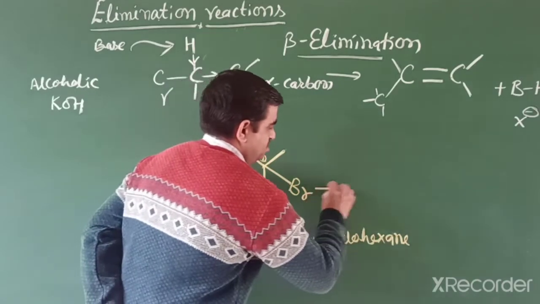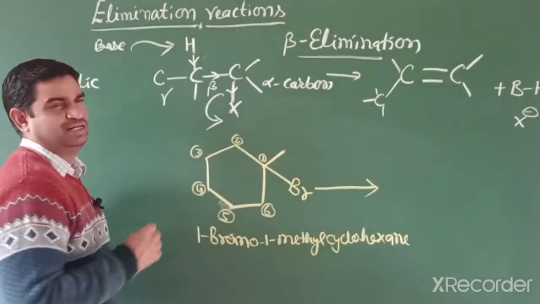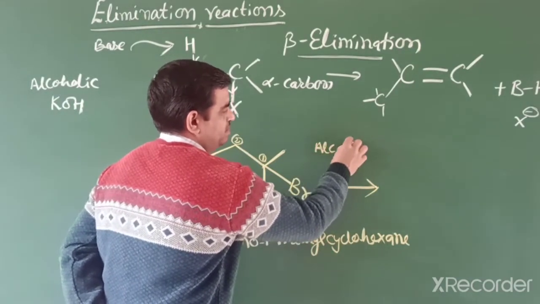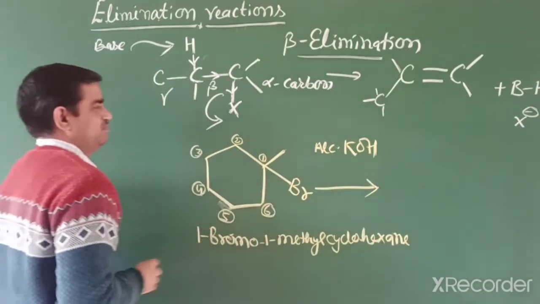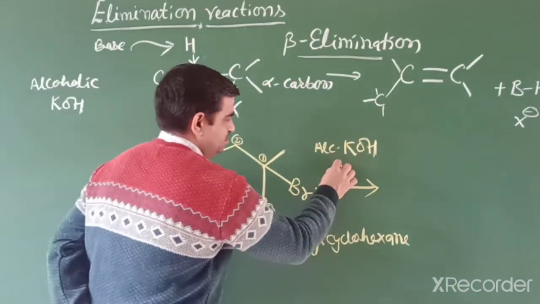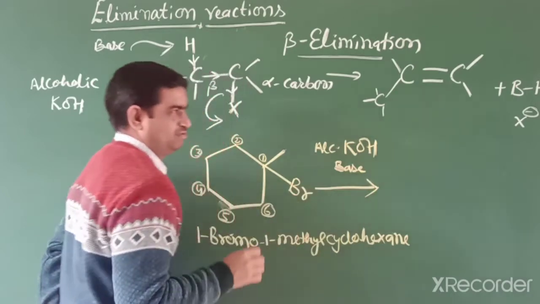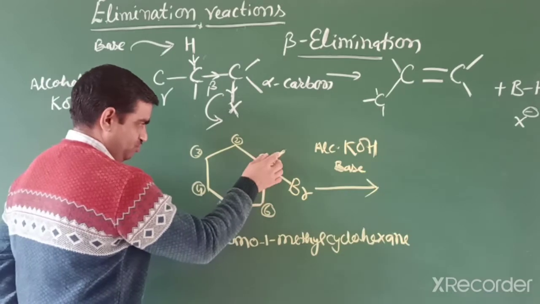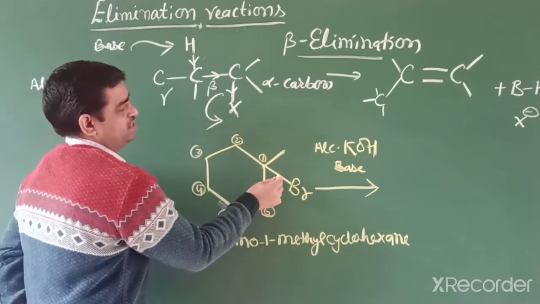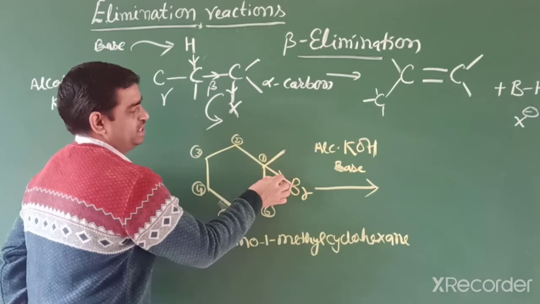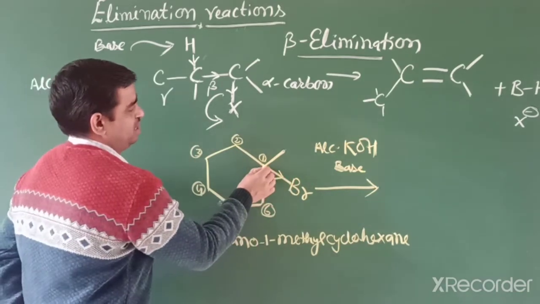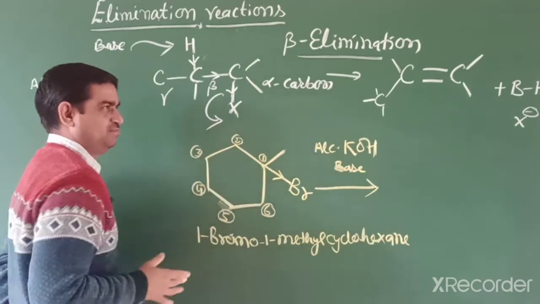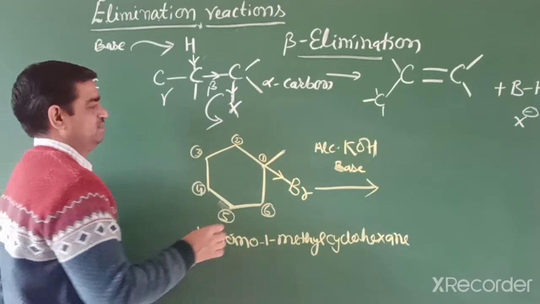Now we want to write its dehydrohalogenation product using the reagent alcoholic KOH. Alcoholic KOH acts as a base, and this abstracts a proton from the nearby beta carbon. Why? Because this bromine is electronegative and removes electron density, so this carbon gets positively charged. So it attracts the proton from a nearby carbon.